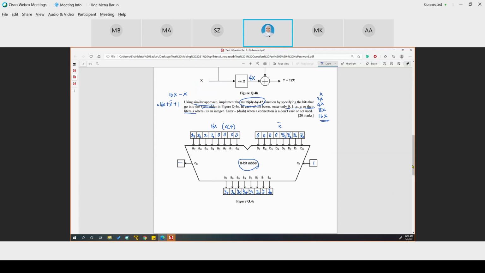Doctor, may I ask something? Why is the bit in front of x3 bar all 0? Because we want to shift it. If it's not 0, then it is 1?